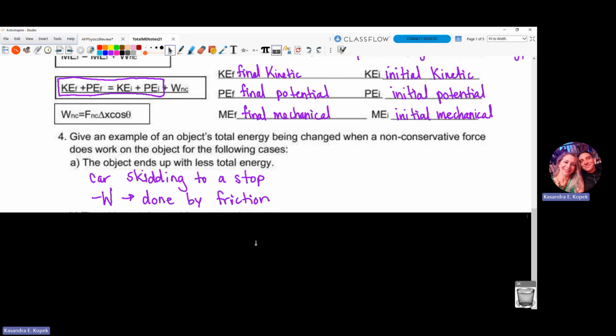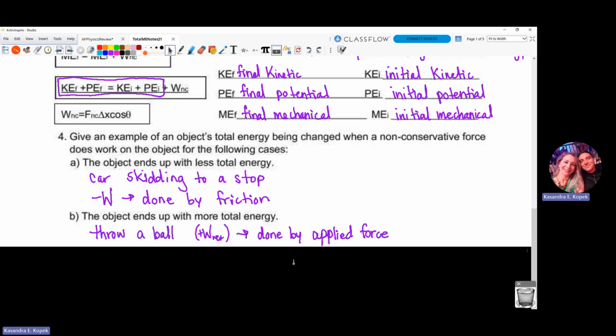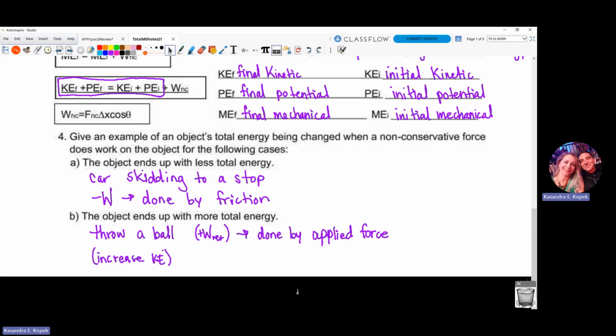The work done in that situation by friction is going to take away energy from the system. Our next example is when an object ends up with more total energy, right? I have to add energy to the system. If I throw a ball, I'm adding net work, I'm increasing the kinetic energy of the system.